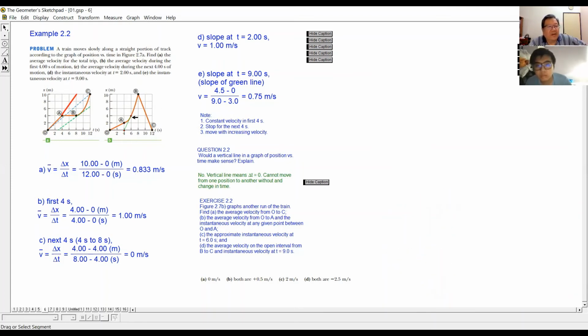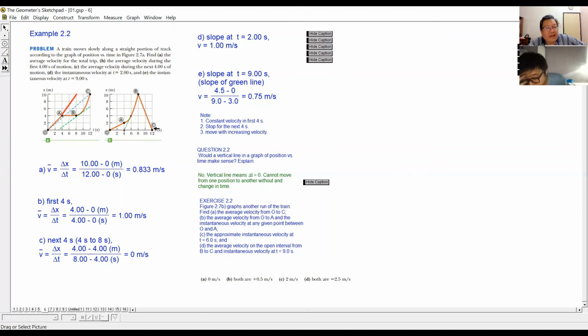Now they are referring to this graph B. A, find the average velocity from O to C. O to C is a horizontal line. Average velocity from O to C, what is the delta x? From O, 0, correct.